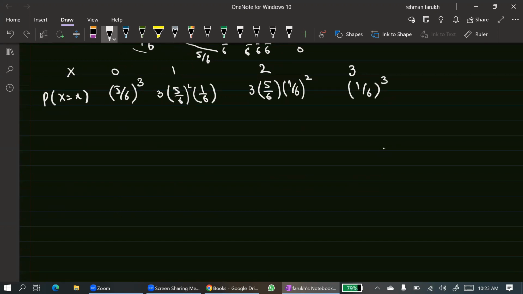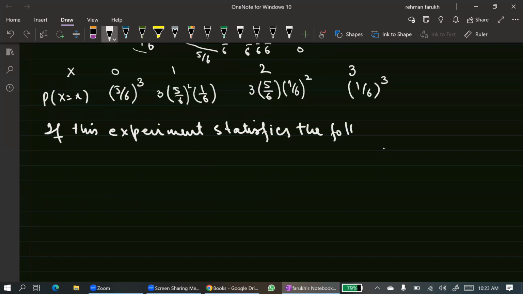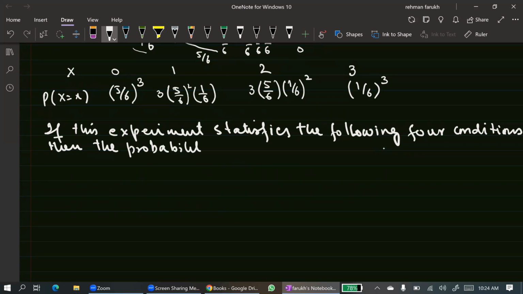Now, if this experiment satisfies the following 4 conditions, then the probability distribution is known as binomial distribution.